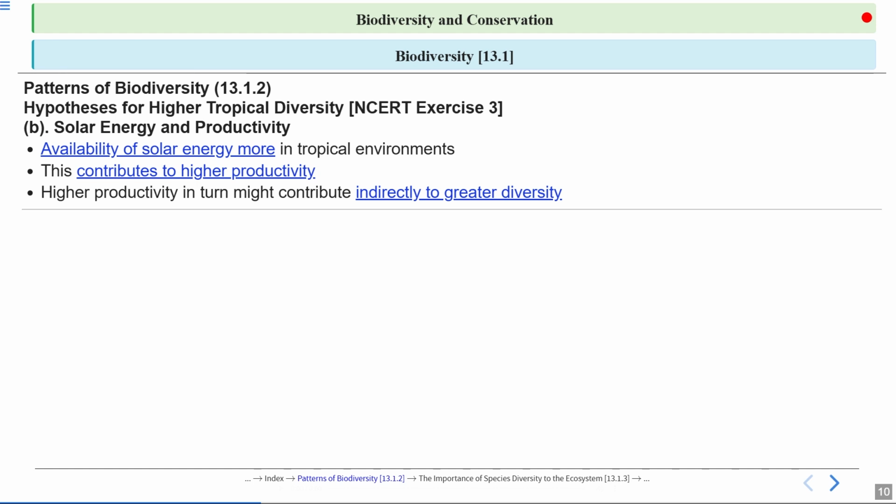An ecosystem is dependent on its base, the producers, at the base of any ecosystem or food chain. If the productivity is high, then obviously it can support a large number of organisms at various trophic levels.